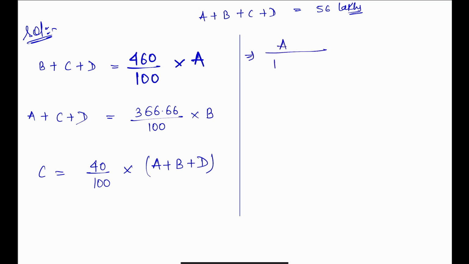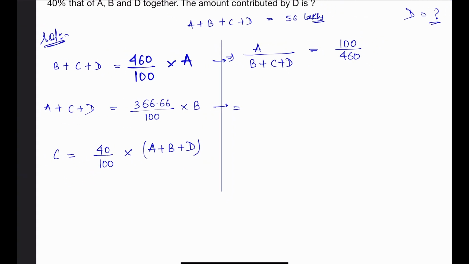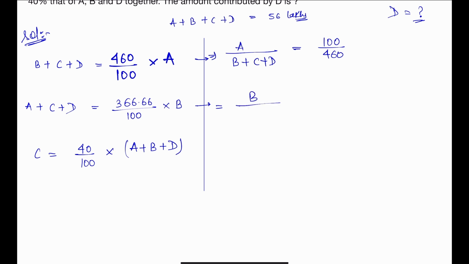A by B plus C plus D can be rewritten as 100 by 460. And B upon A plus C plus D can be rewritten as 100 by 366.66.